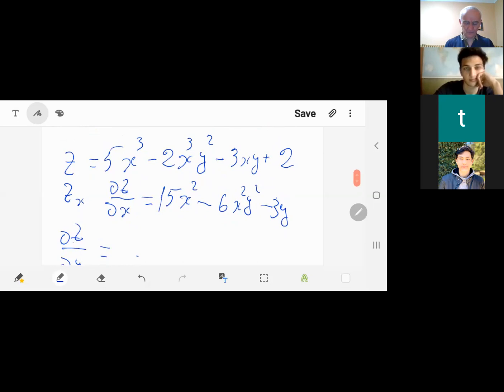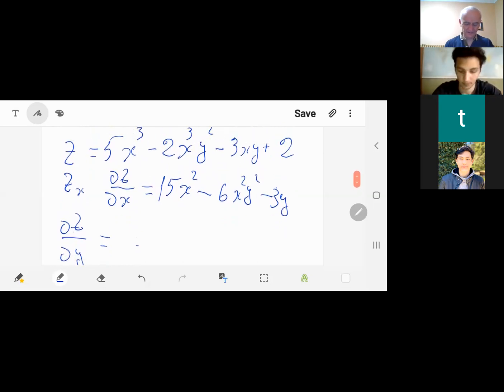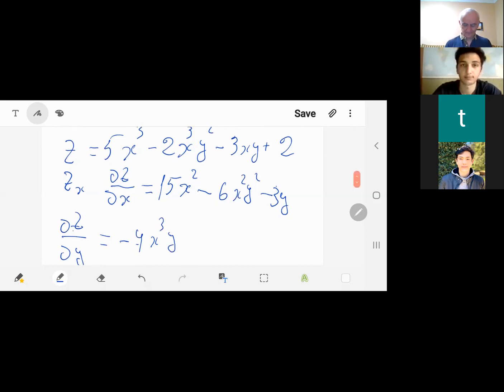Derivative of 2x cubed y squared. What is this derivative, Sandro? Minus 4 times x cubed y, minus 3x, and the derivative of 2 is 0.